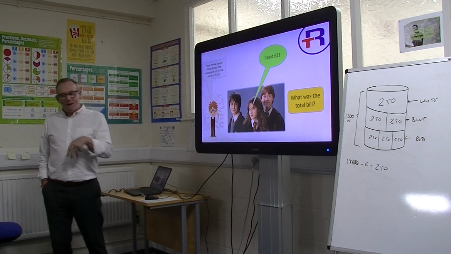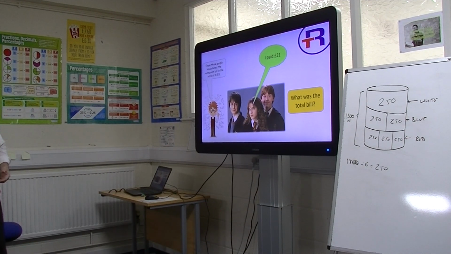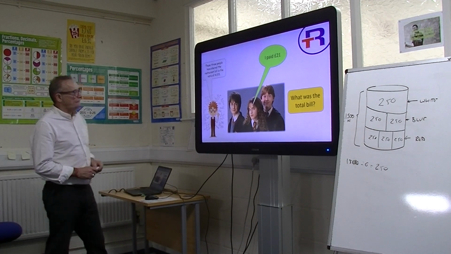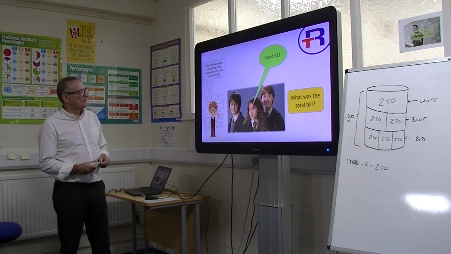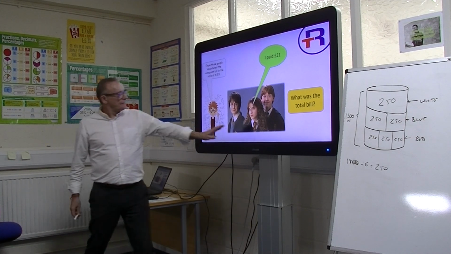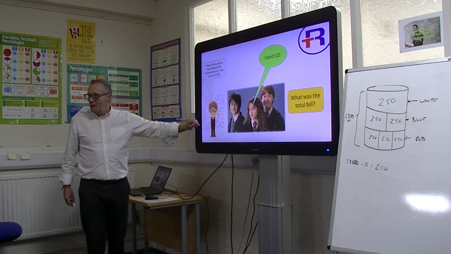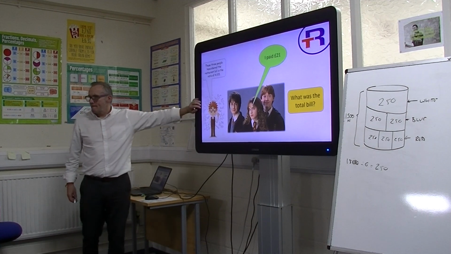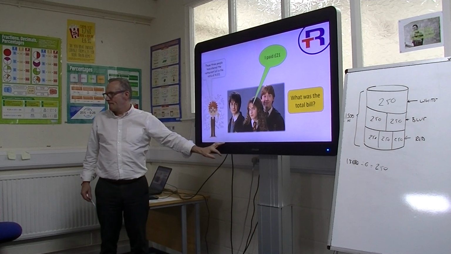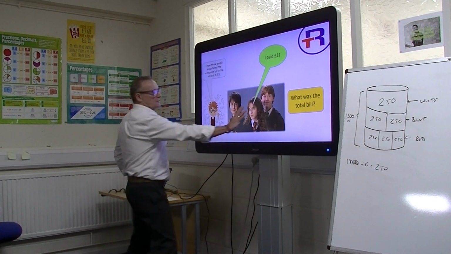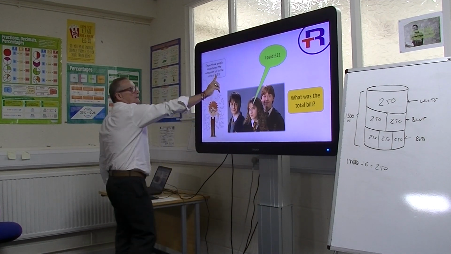It kind of harks back to what we were talking about earlier on. How many parts of the bill has she paid? 3 parts, because she's in the middle.